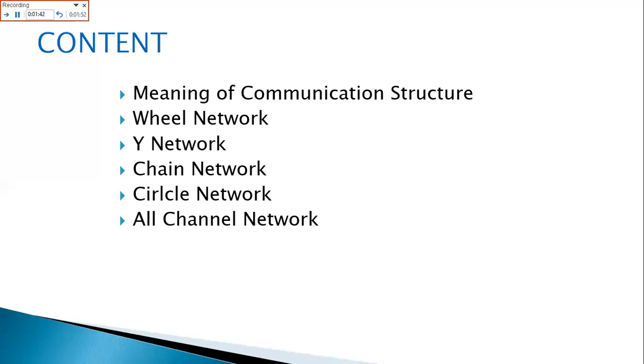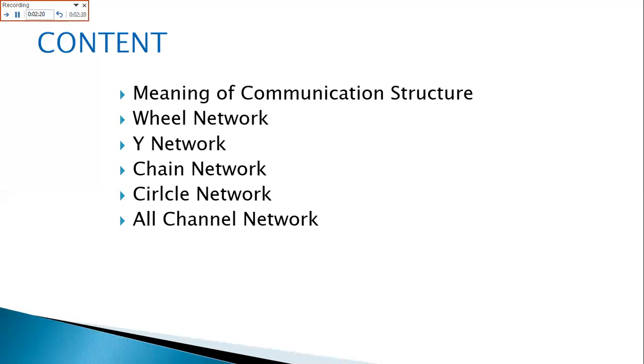Communication networks make the communication interesting, quicken the flow of information, and increases the effectiveness of communication.